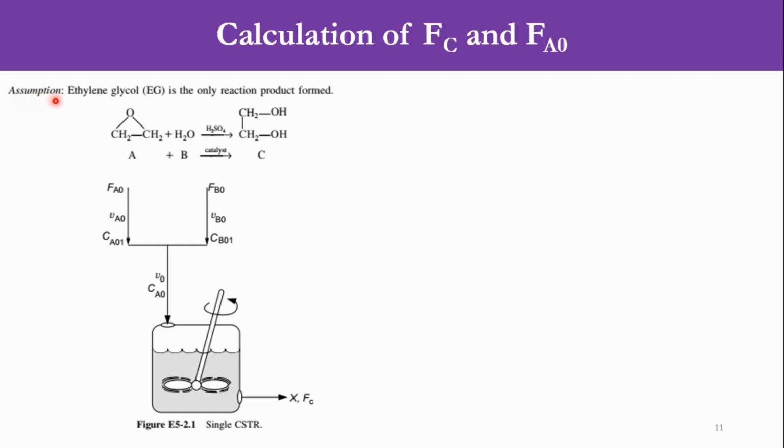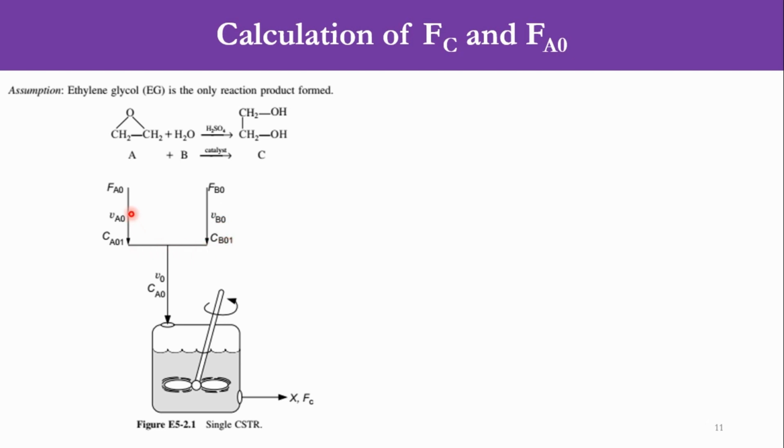We are assuming that ethylene glycol is the only reaction product formed in the process by EO, which is ethylene oxide, and water reacting in the presence of the catalyst, which is sulfuric acid. So A plus B goes to C. Accordingly, if you see this diagram, which was referred to in the statement, this is the CSTR, with FA naught, V naught, CA naught 1, FB naught, V naught, CB naught 1.